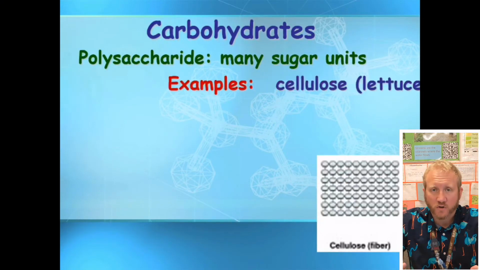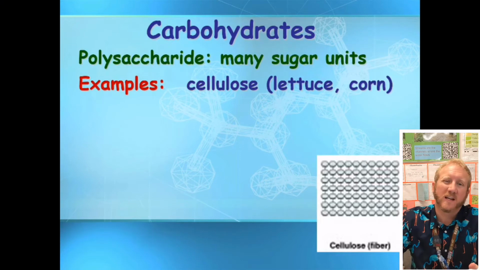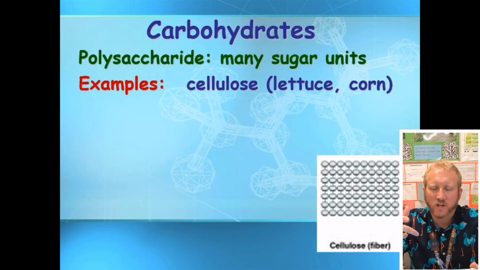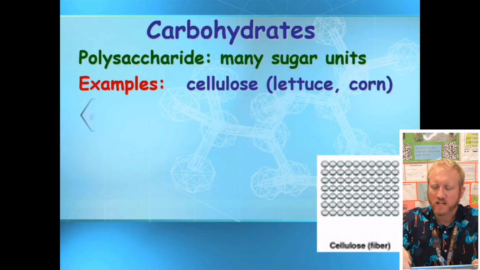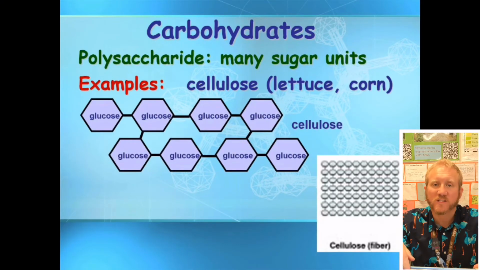Polysaccharides are many sugar units, so these are really, really big. There's three primary examples. One of them is cellulose in lettuce or corn. That's your fiber that you get. And it's basically long chains of glucoses stuck together. So it's very, very strong. You actually cannot digest cellulose, and animals cannot digest cellulose.